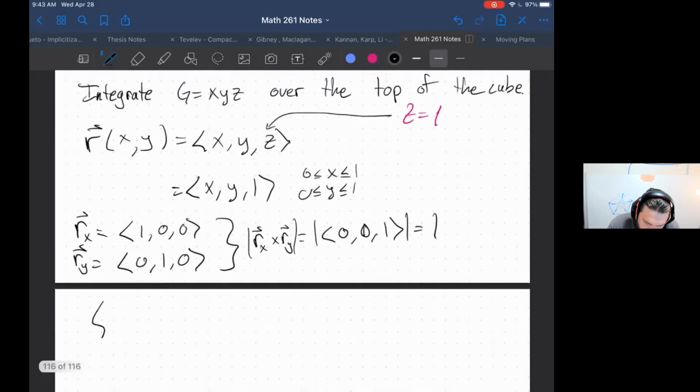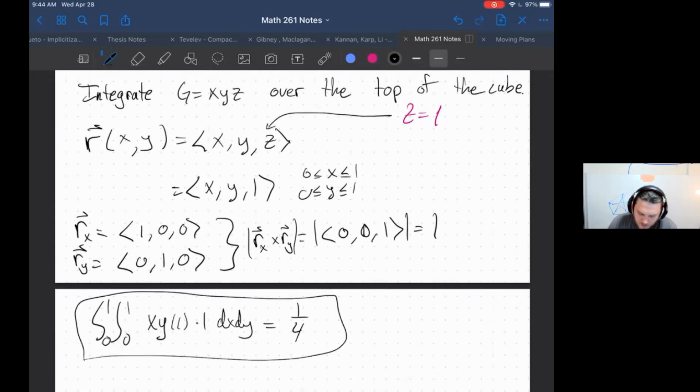If we wanted to set up an integral, we have 0 to 1, 0 to 1 of x, y, z, which is 1 in this case, times 1 dx dy. And if you go through it all, you would get 1/4.